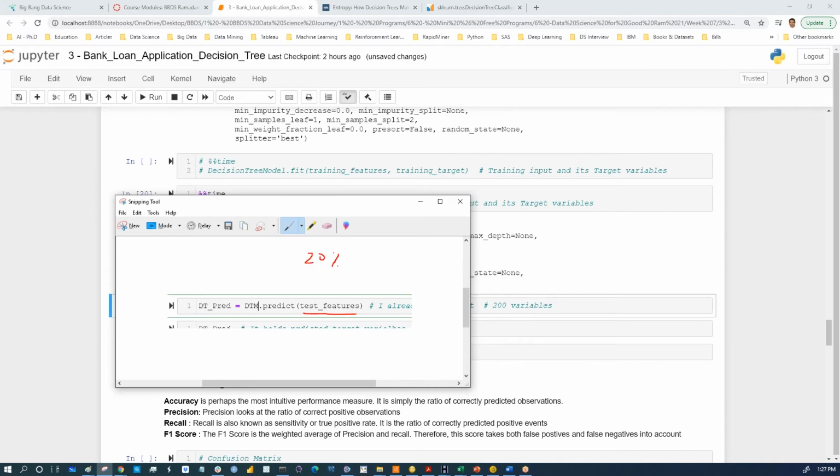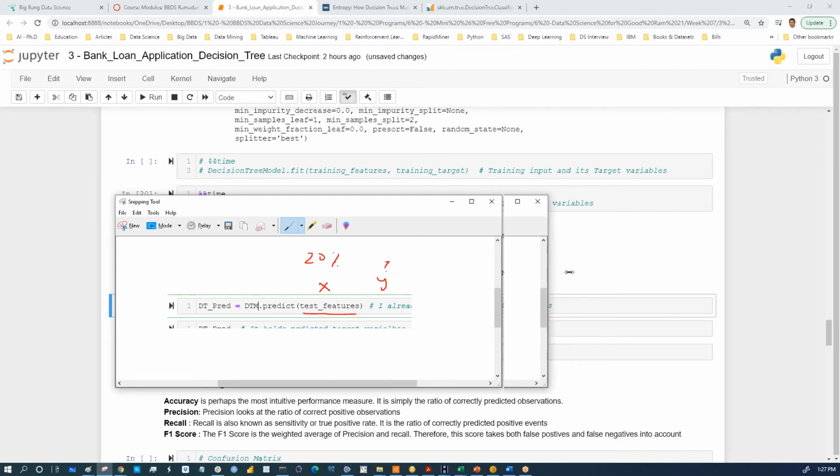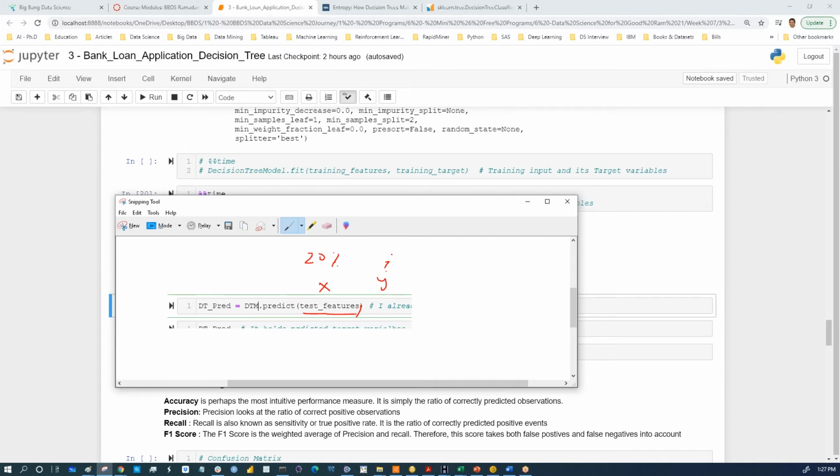What happened with the Y? So the Y we will do the comparison later. We did not do test features comma test target, because we want to compare. We are hiding the Y of the 20% from the model, because that is what we're trying to compare it to.